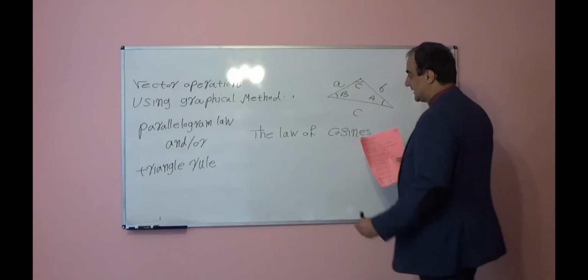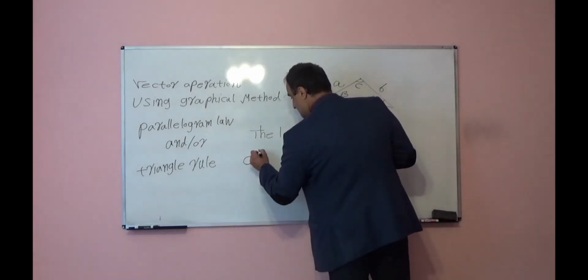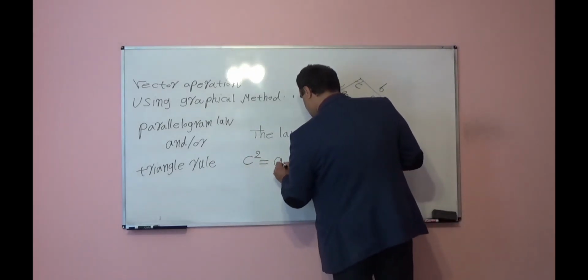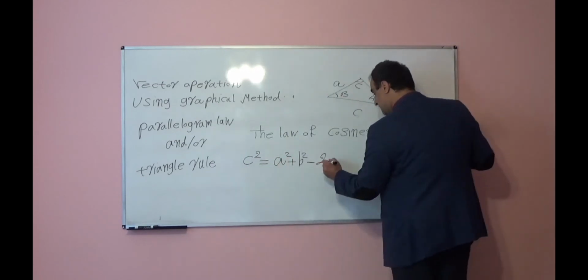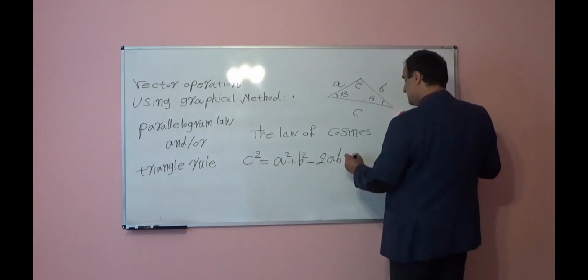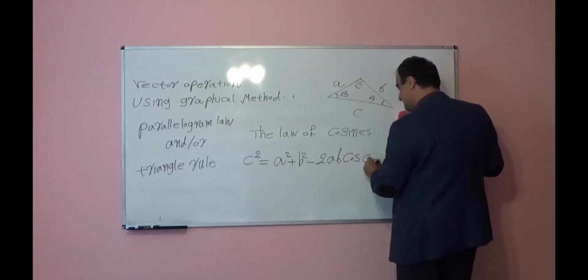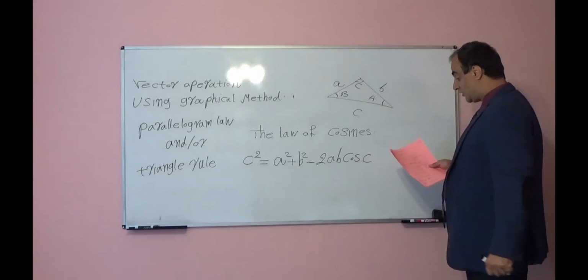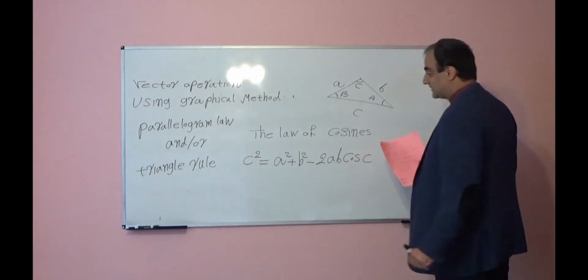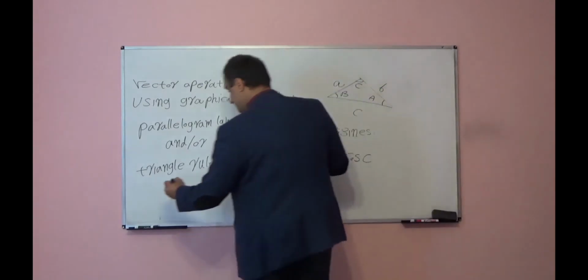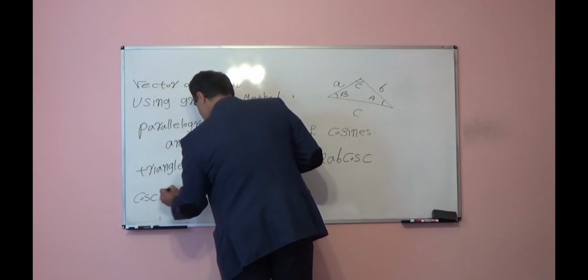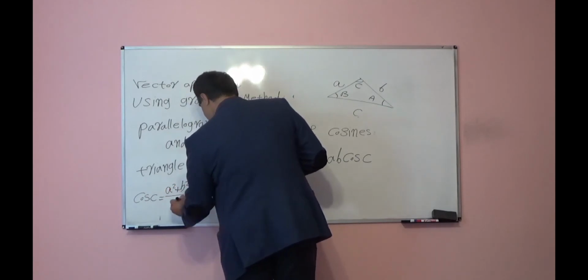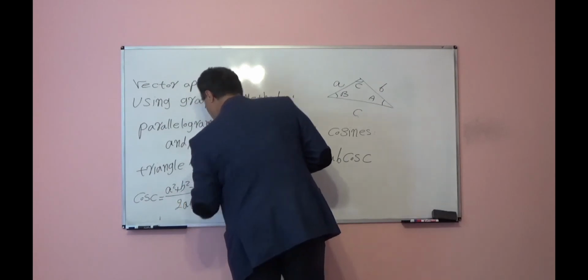Using the law of cosines, we know c squared is equal to a squared plus b squared minus 2ab cosine C. Or I can write it another way: cosine of angle C is equal to a squared plus b squared minus c squared divided by 2ab.